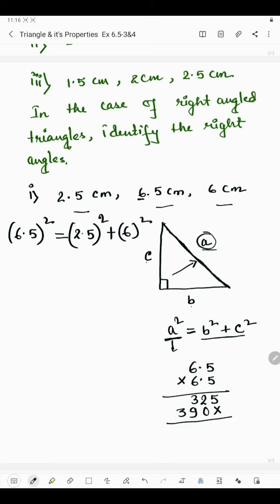Now we'll add: 5, 2, 9 plus 3 is 12, 2 and 1 carry, 3 plus 1 is 4. Right of the point we have to count the digits while putting the decimal: here is 1, here is 1, so it's 2. We keep 2 digits after the decimal, so the point will be here. So 6.5 square means 42.25.